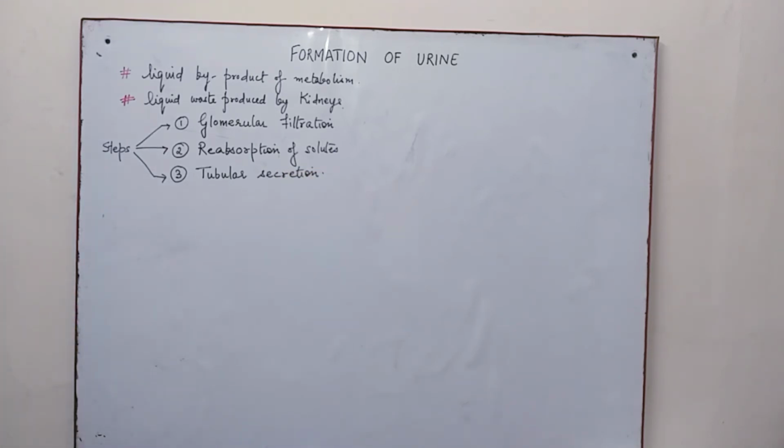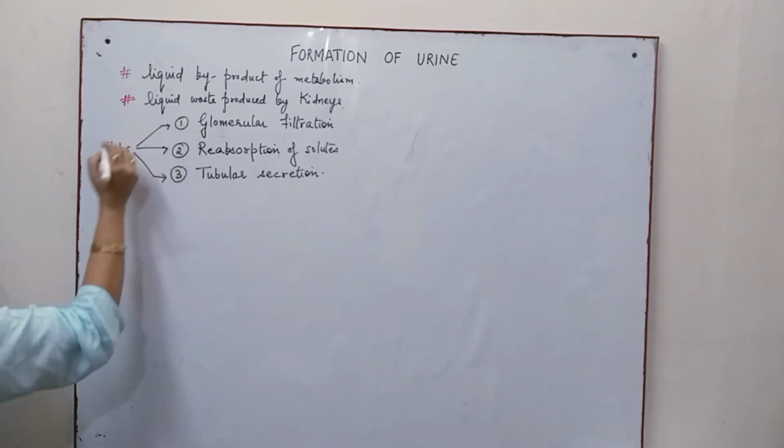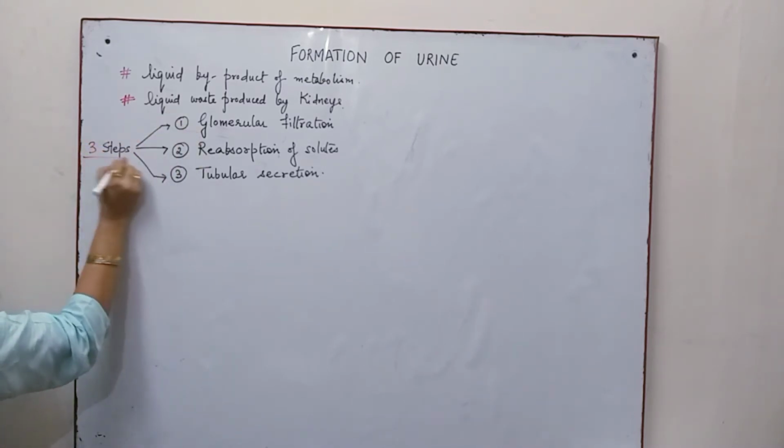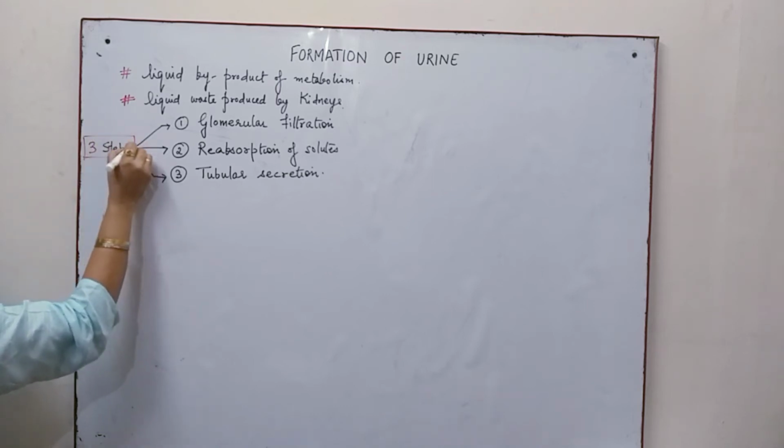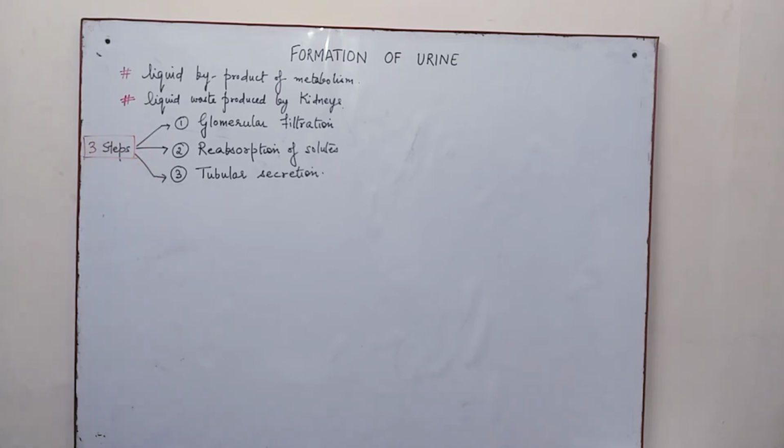So when we will be studying the formation of the urine, we have to keep in mind the three basic steps that are involved in the process. Now let us first start with the glomerular filtration.